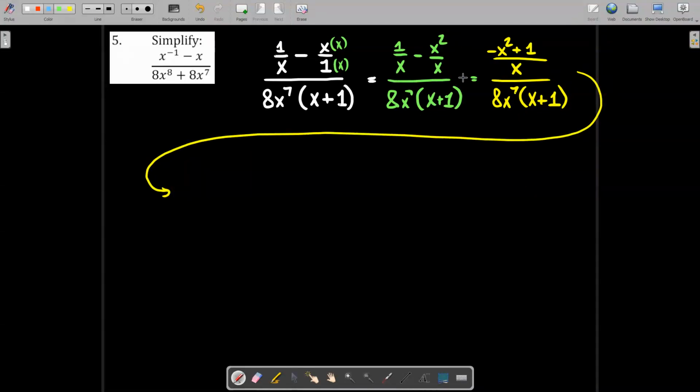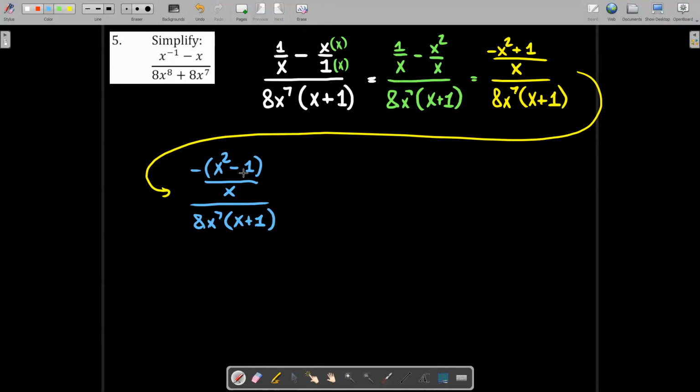Okay. Now, when we write something in standard form, it's generally speaking good practice to make sure that the leading coefficient is positive. So what I'm going to do is factor out a negative 1 out of this binomial and see if that helps me out. So negative x squared, and then this will become a negative 1 when we factor out a negative sign. We're still over x, and the bottom is still the same. 8x to the 7th, x plus 1, okay?